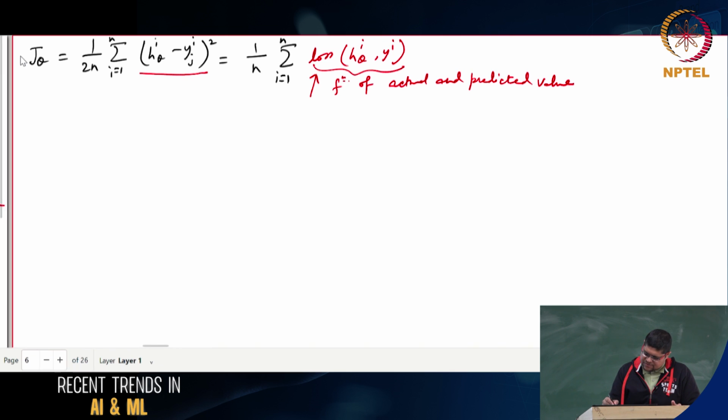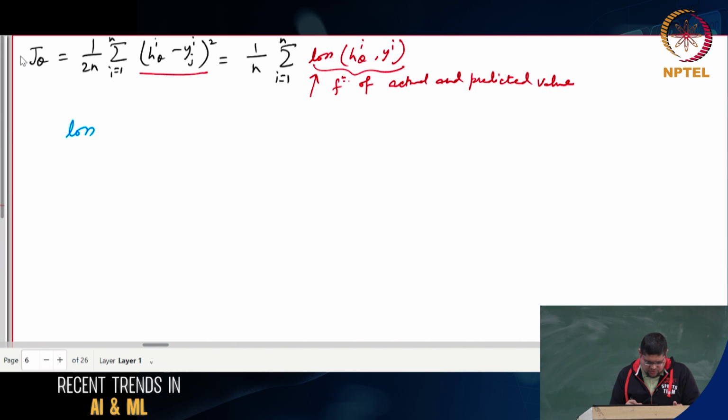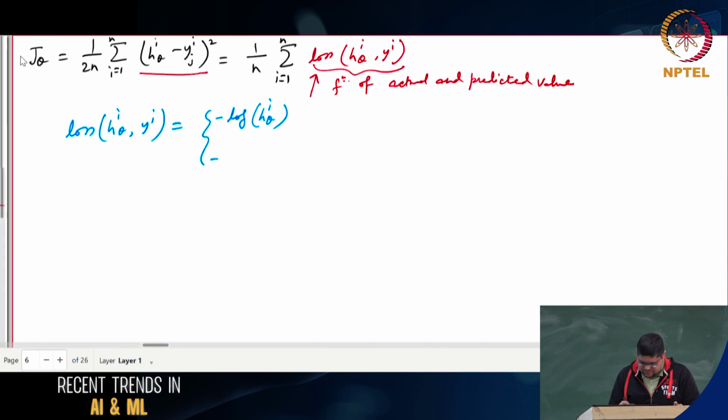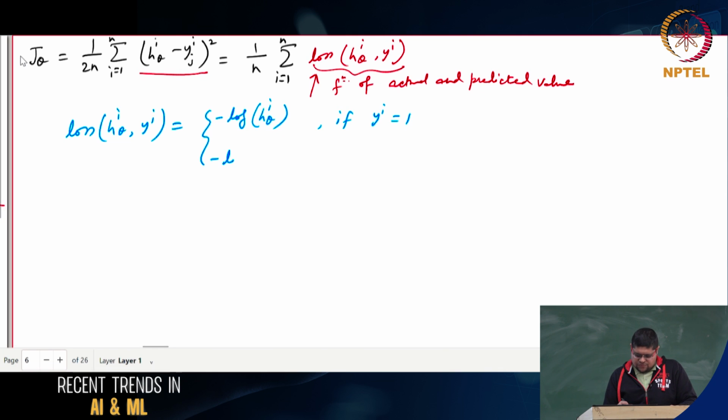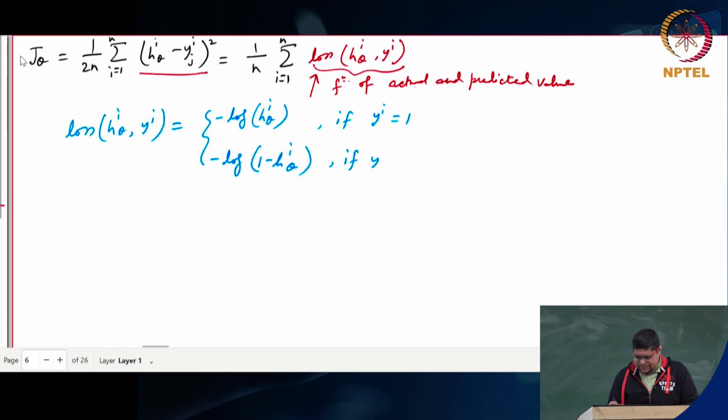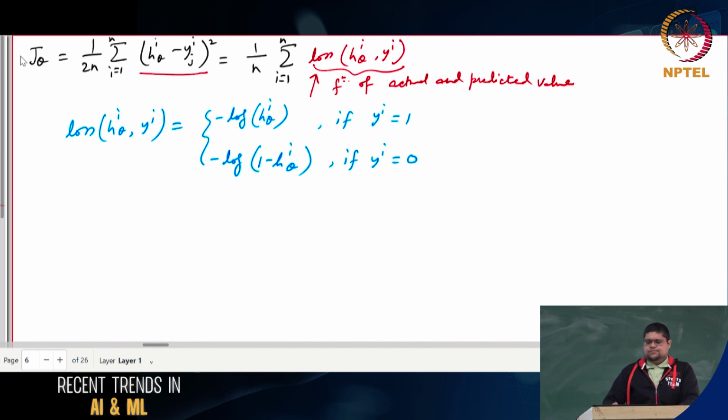If I write, okay, already it is given: loss of h_theta(x_i) comma y_i equal to minus log of h_theta(x_i) if y_i equal to 1, and minus log of 1 minus h_theta(x_i) if y_i equal to 0. Okay, this we will consider.